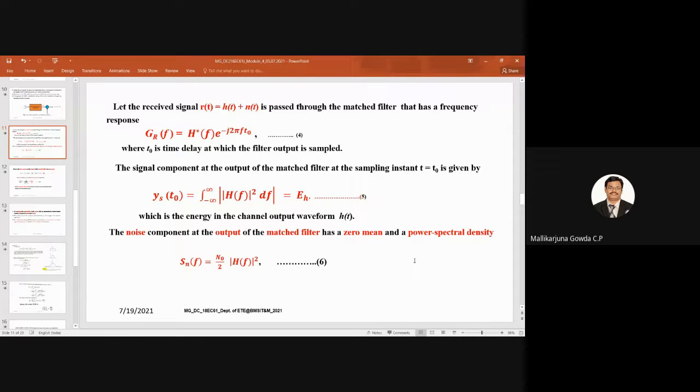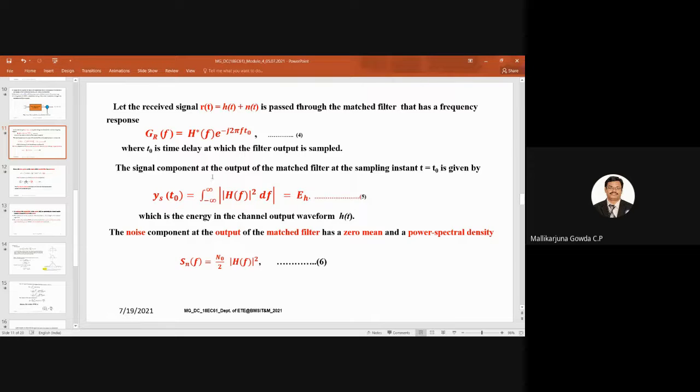The filter I am using at the receiver side is also a matched filter, and its frequency response is G_r(f), which is equal to H conjugate of f times e to the power minus j 2 pi f t0, where t0 is the time delay at which the filter output is sampled.